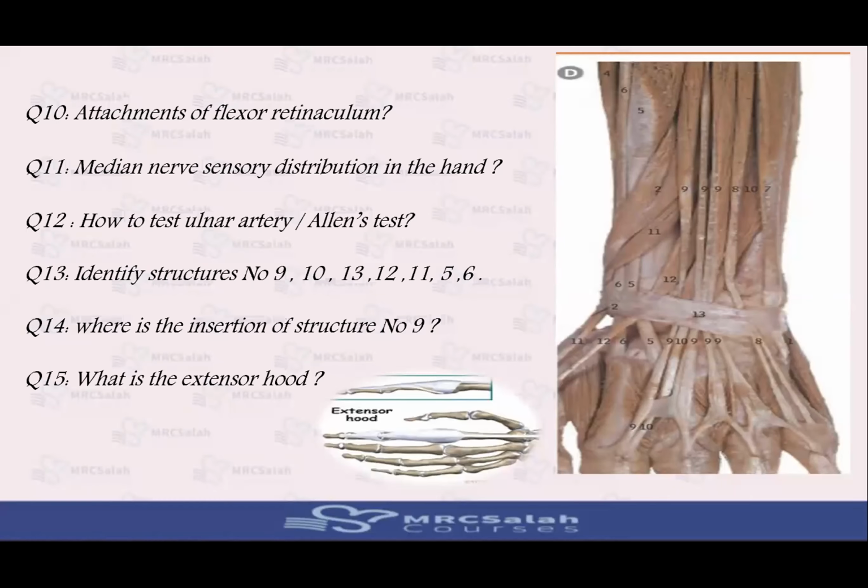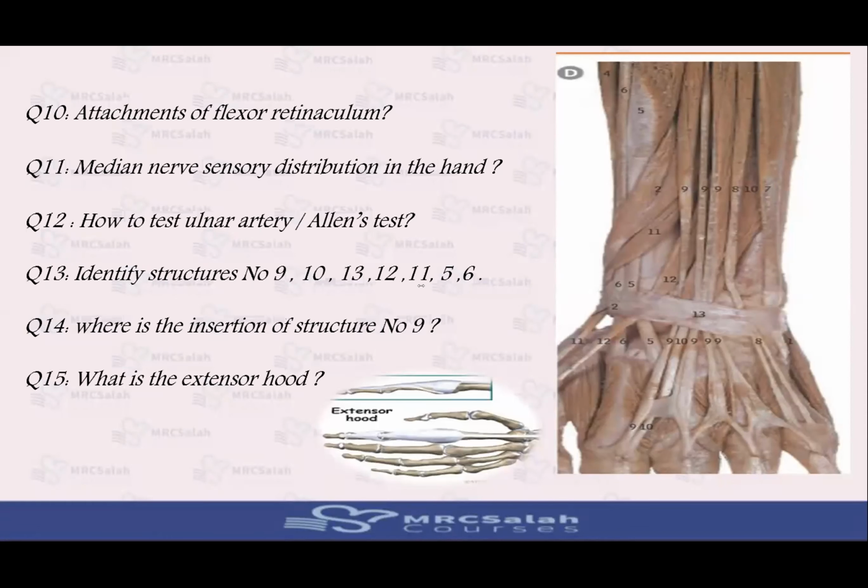Flexor pollicis longus and flexor pollicis brevis will be on the opposite side. Flexor won't appear here, Doctor. I think it's extensor. This one is extensor longus and this one is brevis. Yes. How do we know them? 12 and 11.